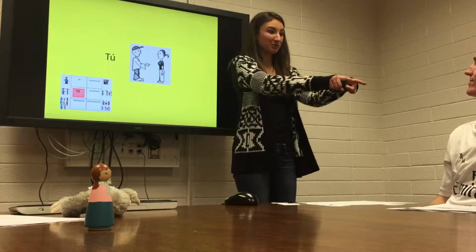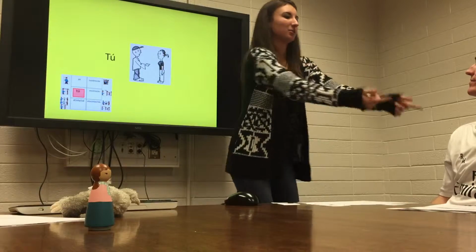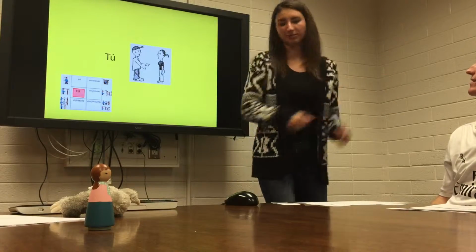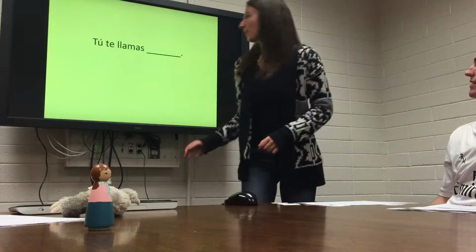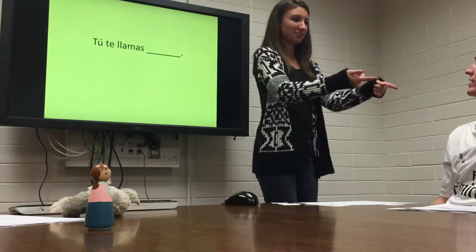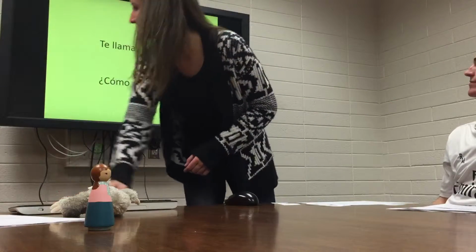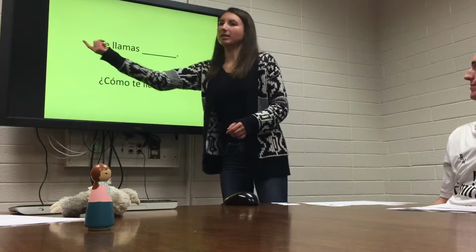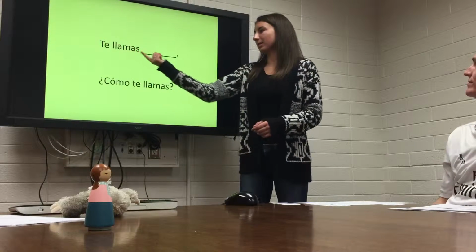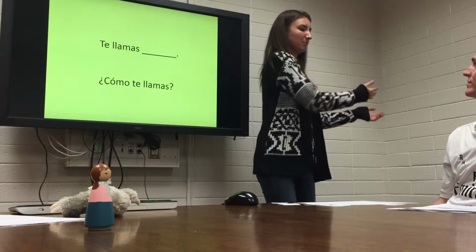Okay, tú. Here's my tú means you, right? So, I can say tú te llamas, and then your name. So, tú te llamas James. Yeah? Again, you can take away the tú and just say te llamas with your name, because I would never be like, him, your name is.